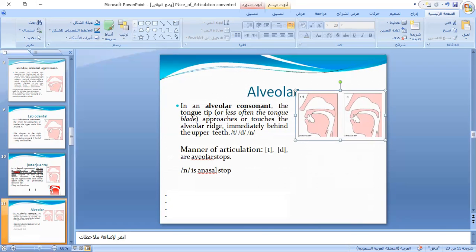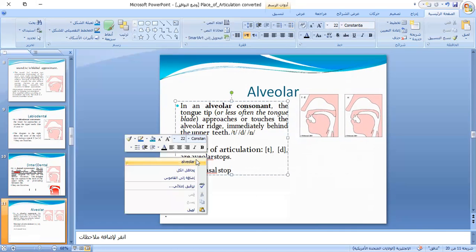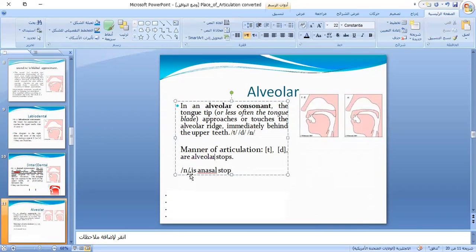They are produced at the alveolar ridge. Manner of articulation for T and D, they are alveolar stops. N is an alveolar nasal. It's a nasal stop, because the air comes out of the nose.